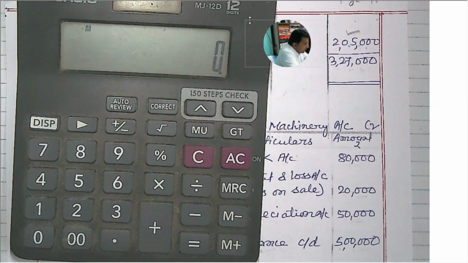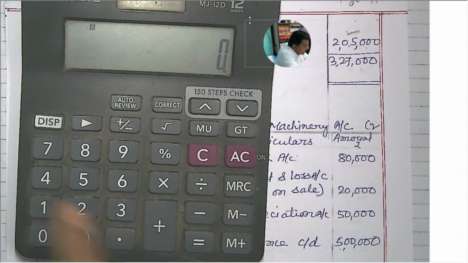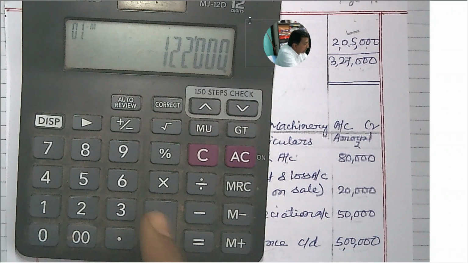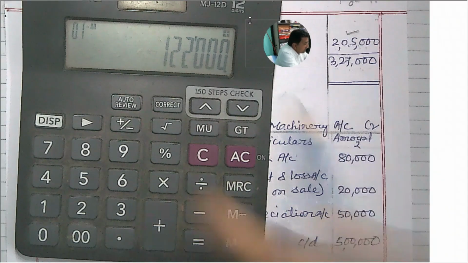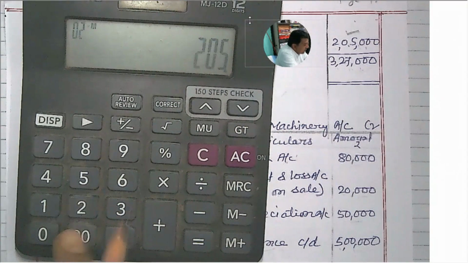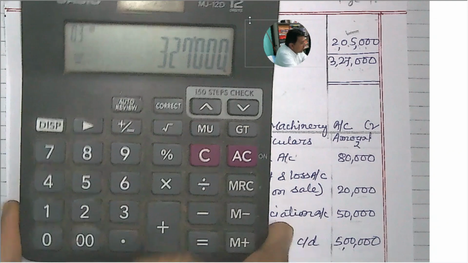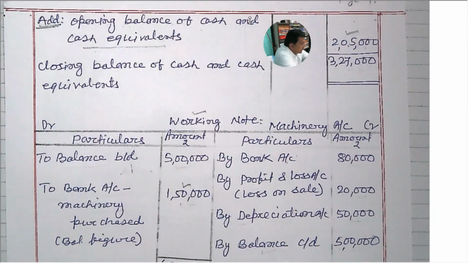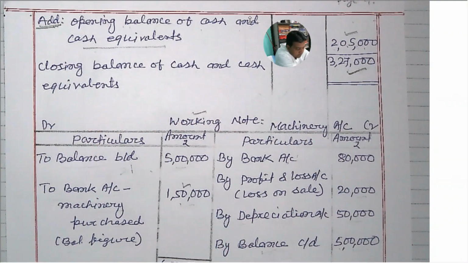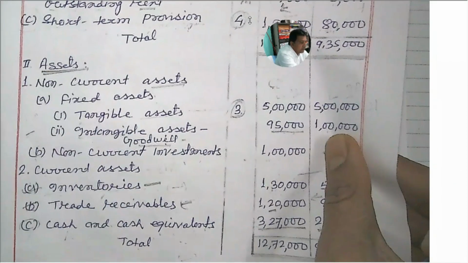In the preceding page, the net increase in cash and cash equivalent is 1,22,000, plus the opening balance of cash and cash equivalent 2,05,000. So the total is 3,27,000, and this 3,27,000 is equal to the closing balance of cash and cash equivalent.